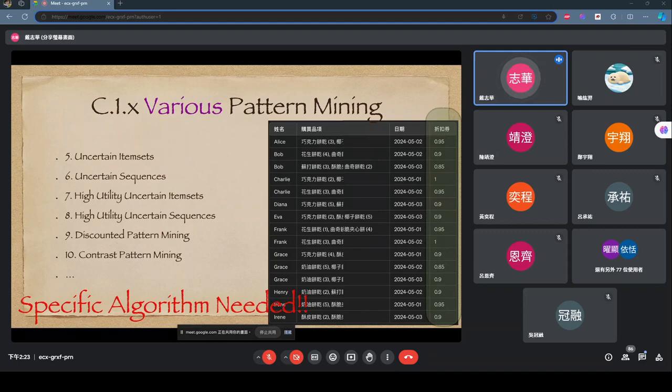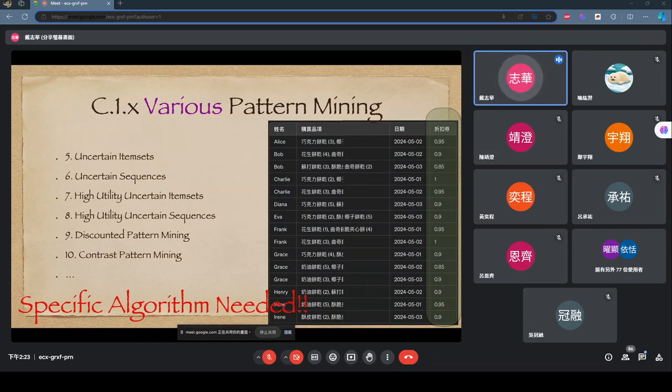We want to find the very different parts among the two groups of customers, like the shopping behaviors happening in teenagers and the shopping behavior among their parents. We want to figure out what is the essential, the most different parts. Then we would apply contrast pattern mining, and so on.